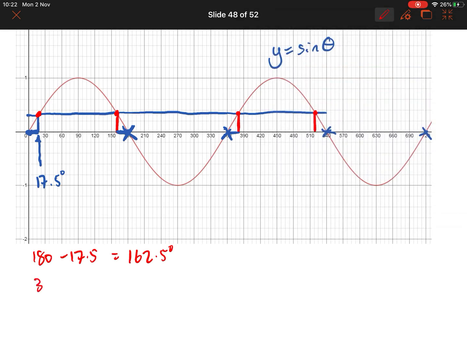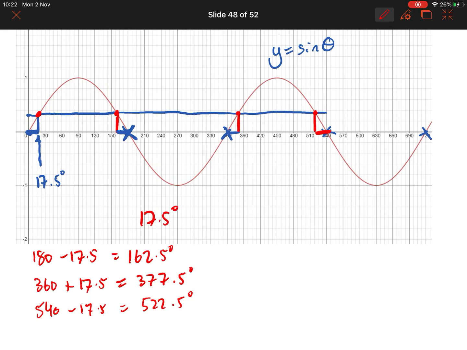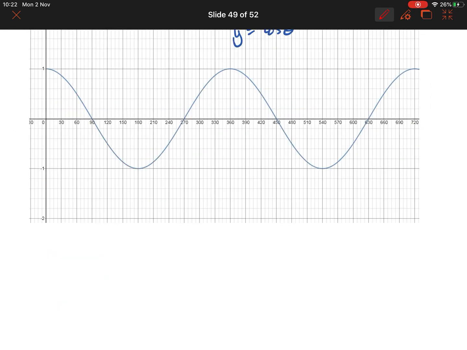We also know that this distance is 17.5, so this value here is going to be 360 plus 17.5, so that's 377.5 degrees. And then this distance here is also 17.5, so that's 540 minus 17.5 degrees, which equals 522.5 degrees.